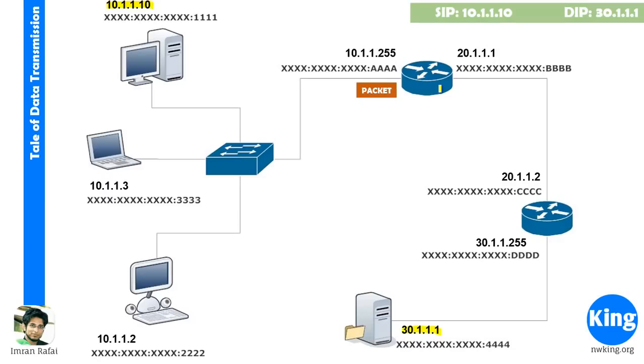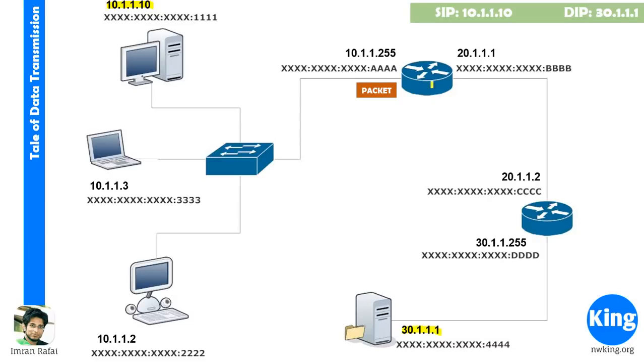Now we have not done routing so far, so we don't know how routing works, but just to understand, routing is where devices communicate with each other. In this case, since this other router is connected to the 30.1.1.0 network, it would have told this router that if you get any packet for 30.1.1.1, please forward it to me.